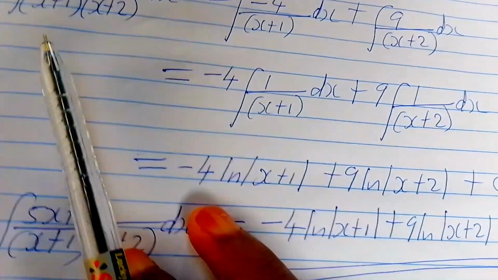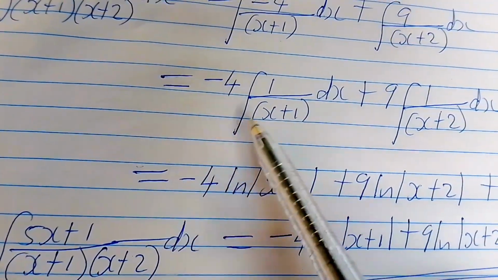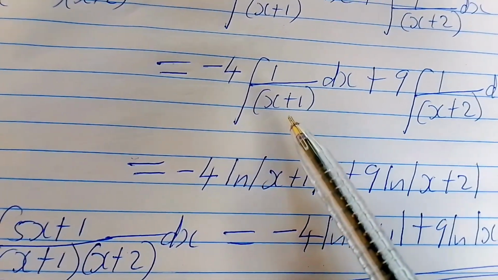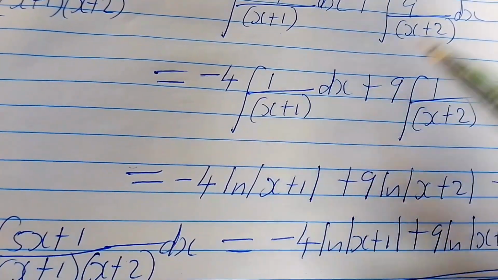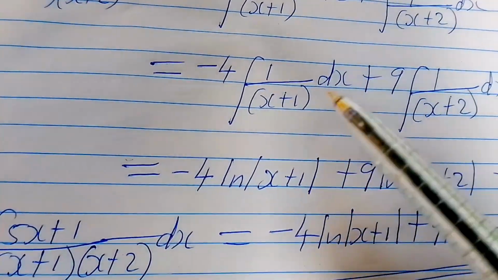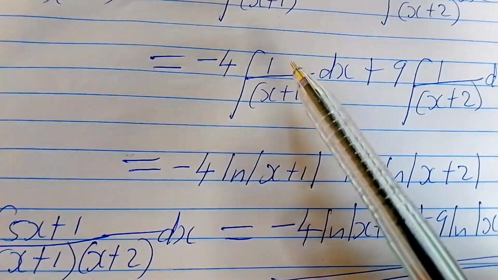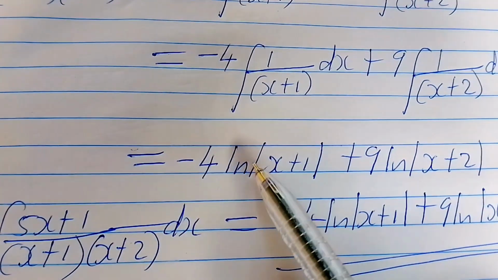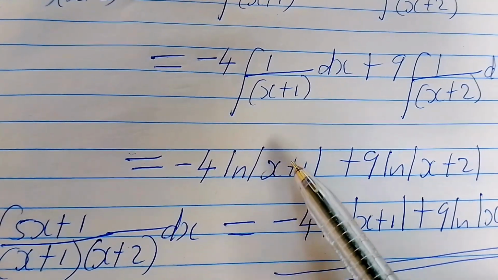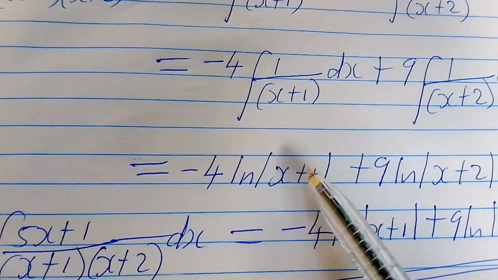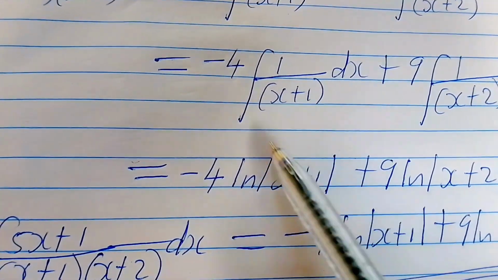Now at this point, you know that the integral of 1 over x by the method of integration is ln x, right? But now we have 1 over x plus 1. So the integral of 1 over x plus 1 is going to give us ln of x plus 1, the denominator.